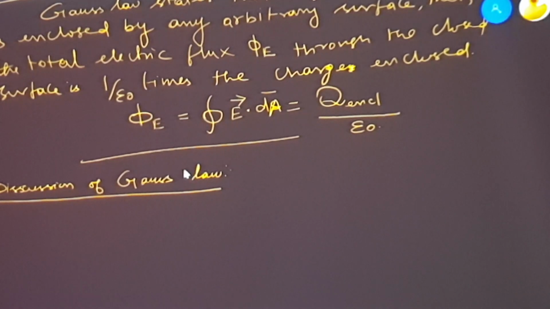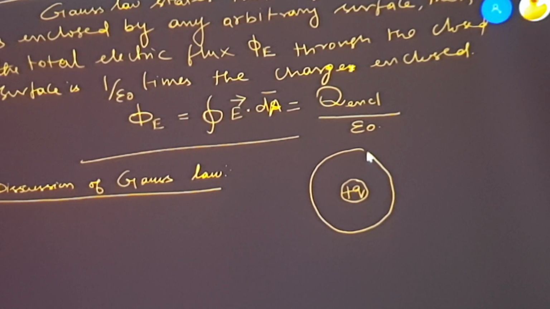In order to study the Gauss law, first of all we considered a charge. After that, around this charge you take an arbitrary area, and the shape of that arbitrary area may be of any value.